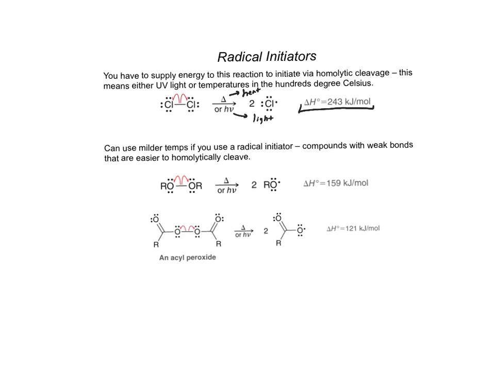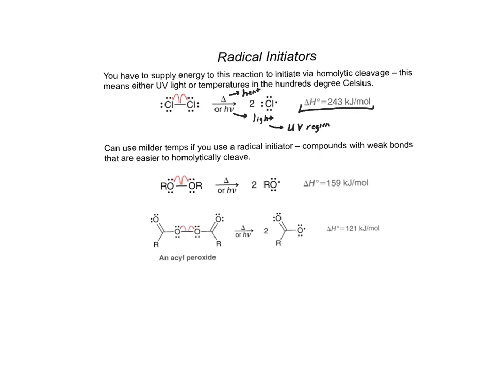Now, if we are using light, it has to be of high enough energy to homolytically break this dichlorine bond. And so we'll find that light in the UV region of the electromagnetic spectrum will actually give us enough energy.